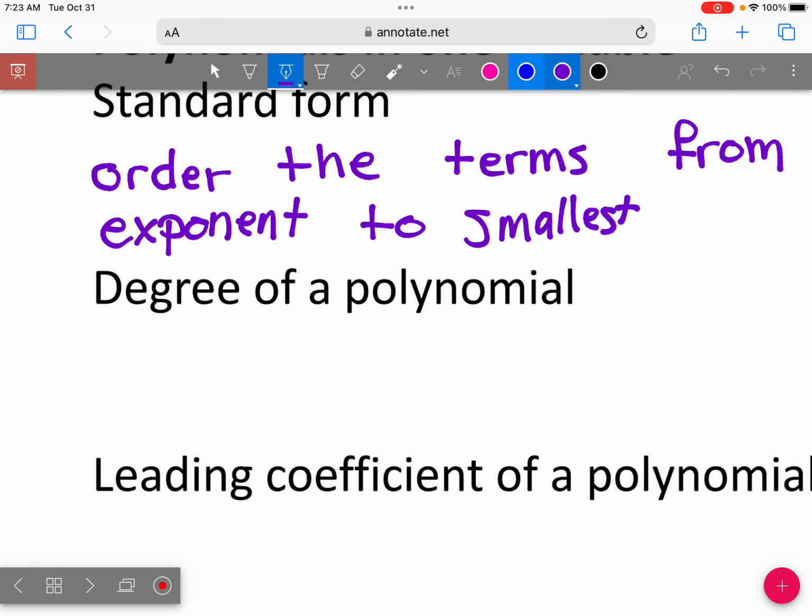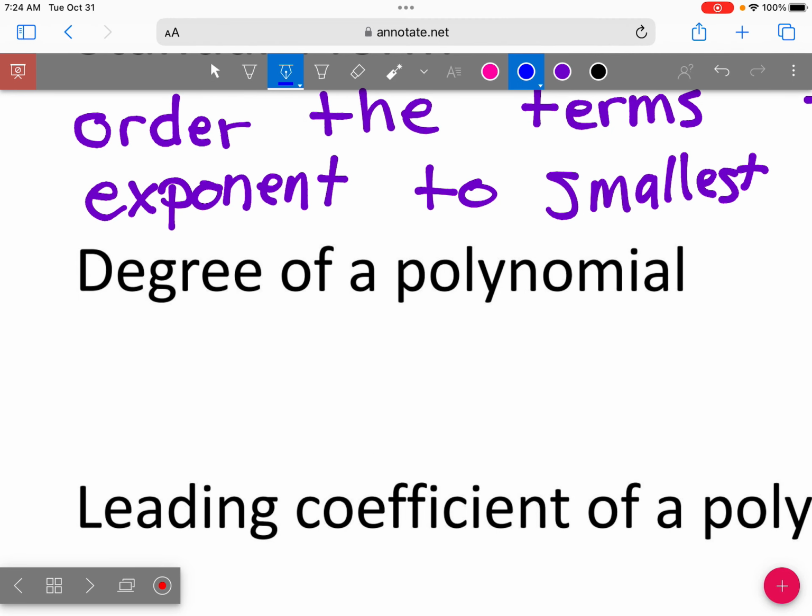The degree of a polynomial is the degree of the biggest term. And when I say term, what I mean is each of these little chunks that's being added together is a term. So 3x squared is a term. 4x is a term. 7 is a term. 2x is a term. So we add up all the terms, and the degree is whatever our biggest exponent is.